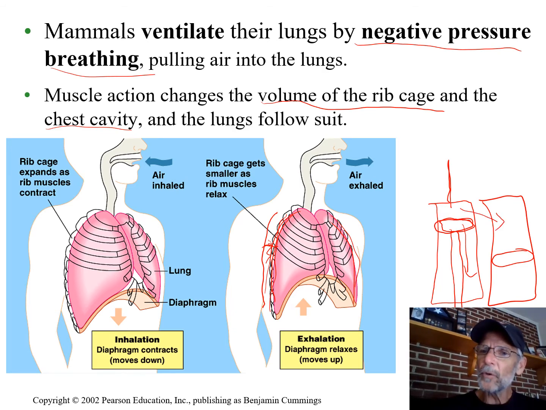What happens when you increase the volume? You produce negative pressure. This needle is hollow and it's got a hole in it. And when you create negative pressure by doing this, it's going to pull air in that little hole.